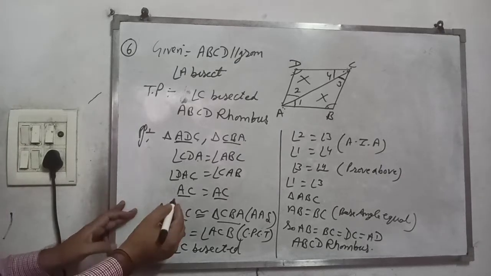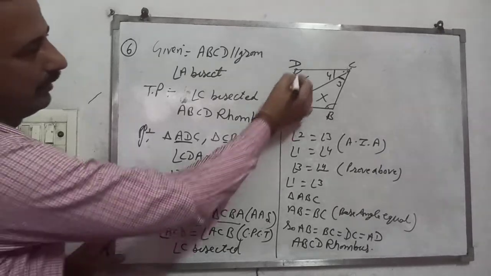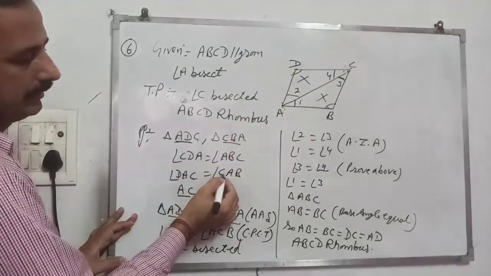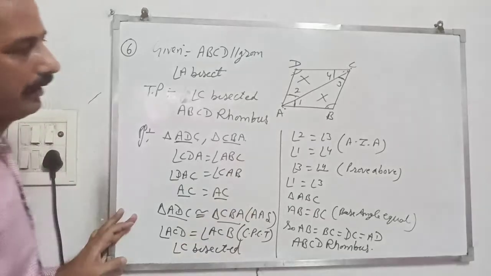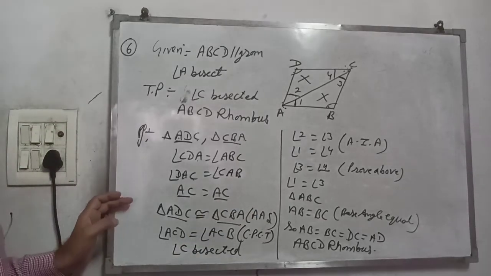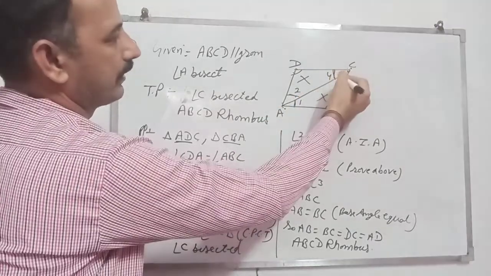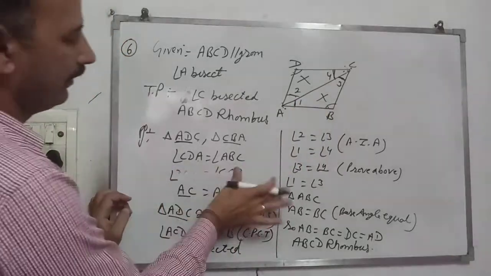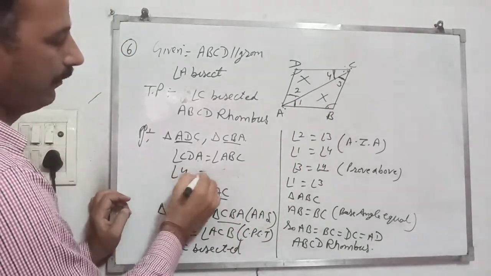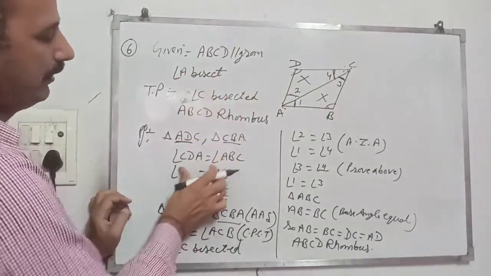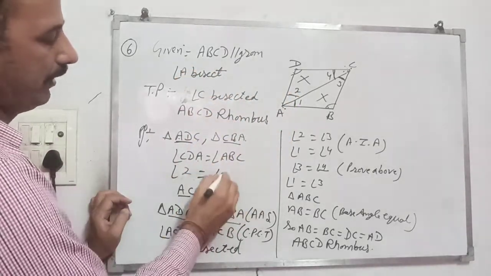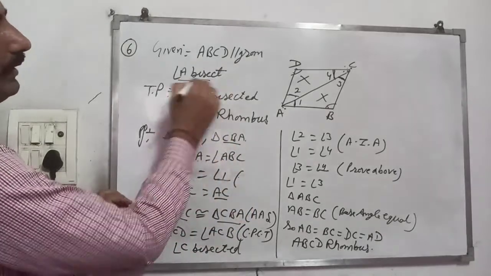Now there is DAC and CAB. These two angles, they are already given. This angle is bisected. That is angle 4. We can directly write angle 4 equal to angle 3 because that is given. Angle 2 equal to angle 1 because angle A is bisected.